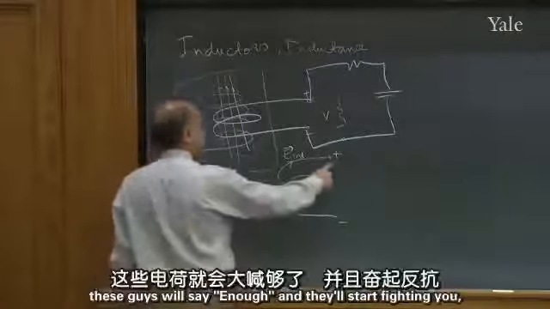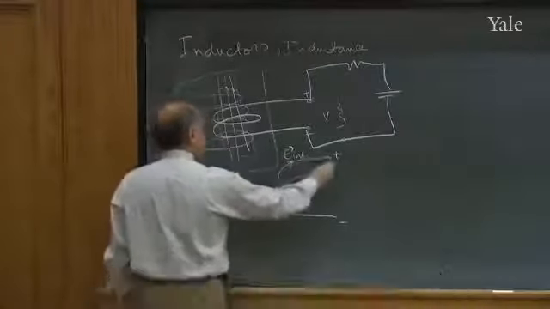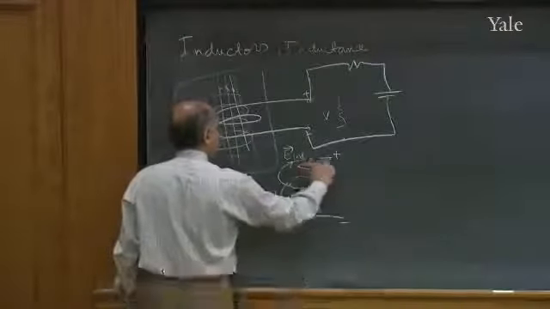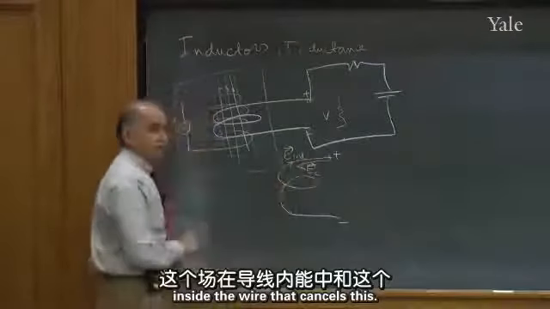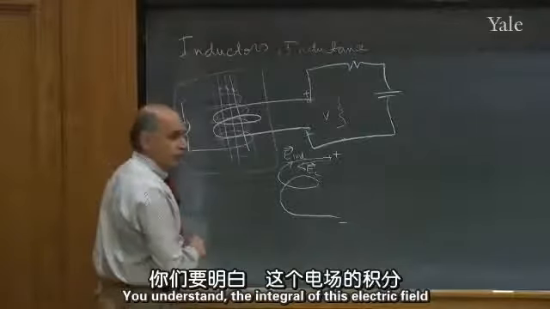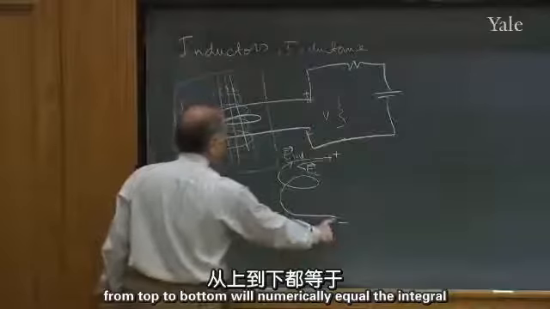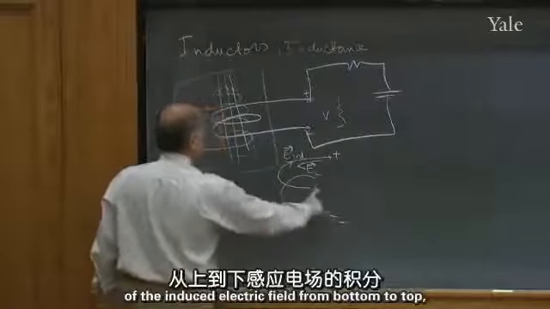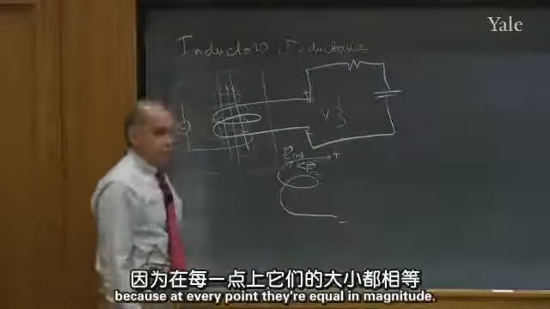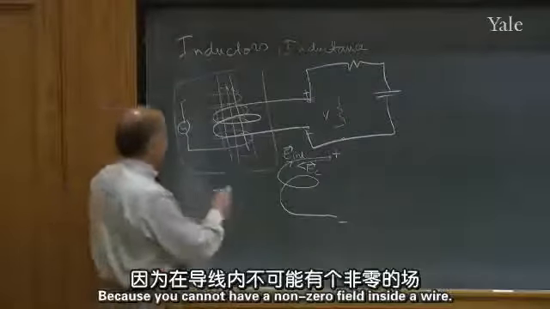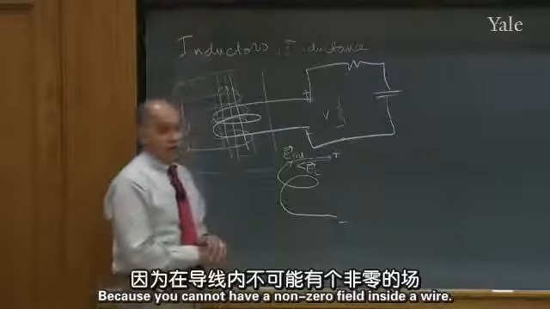After a while, these guys will say enough, and they'll start fighting you till they set up an electrostatic field, a Coulomb field, inside the wire that cancels this. Do you understand that the integral of this electric field from top to bottom will numerically equal the integral of the induced electric field from bottom to top? Because at every point they're equal in magnitude, because you cannot have a non-zero field inside a wire.